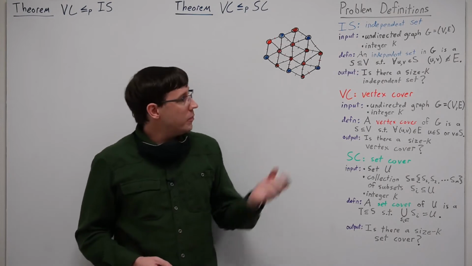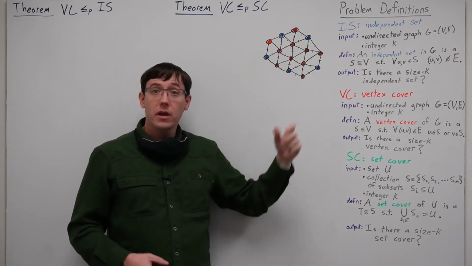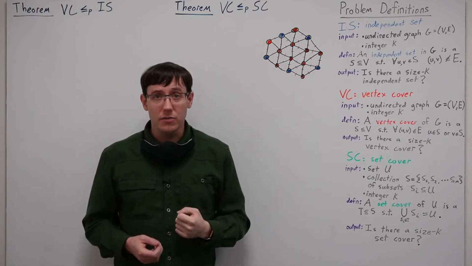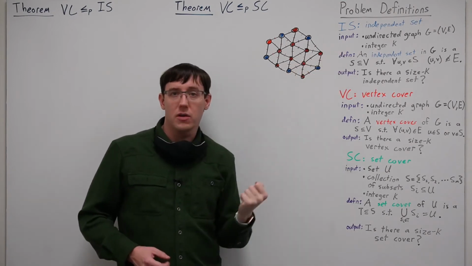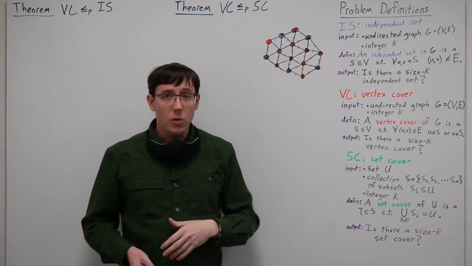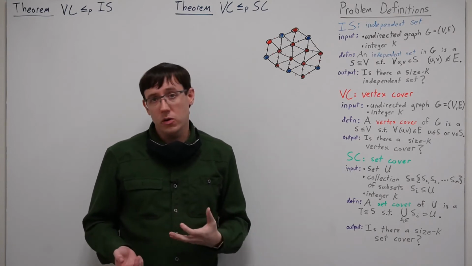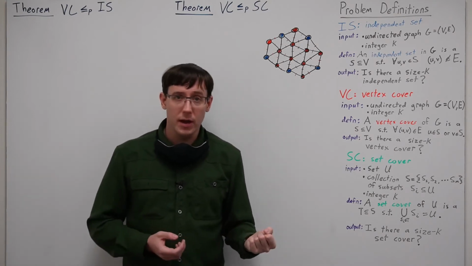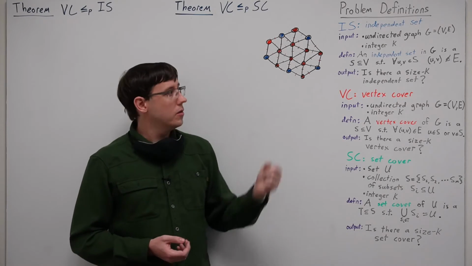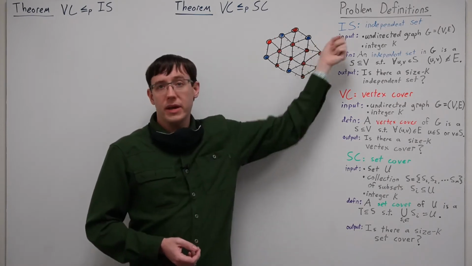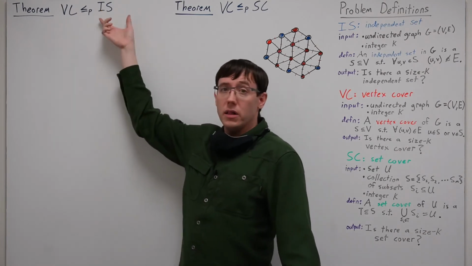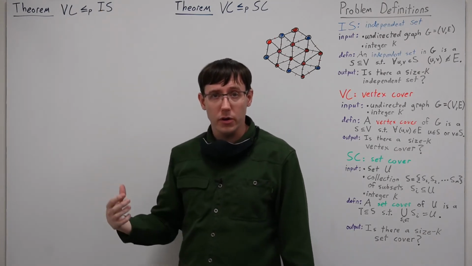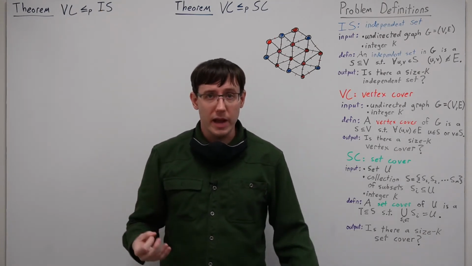And hopefully from this example that I've drawn, you're starting to get an idea of the connection between the independent set and vertex cover problems. So let's figure out how we could do a polynomial time reduction from vertex cover to independent set. To prove that one problem is polynomial time reducible to another, there are 3 steps.